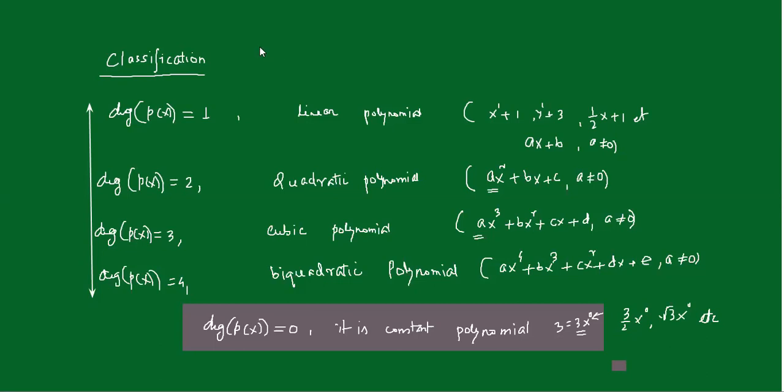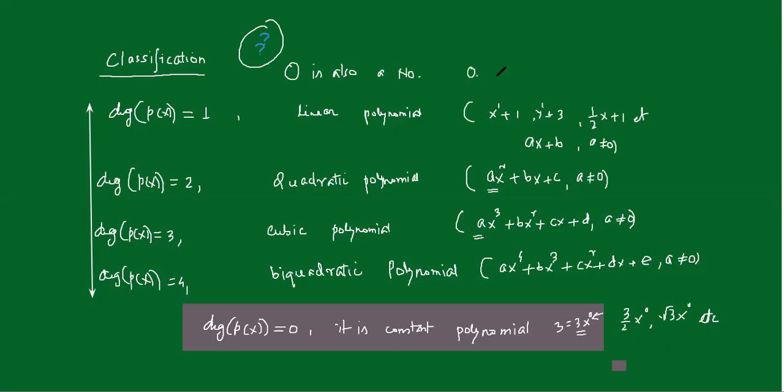Yes, sir. But there is a question now. There is a very important question. The bigger question is that 0 is also a number, right? So 0 is also a polynomial.